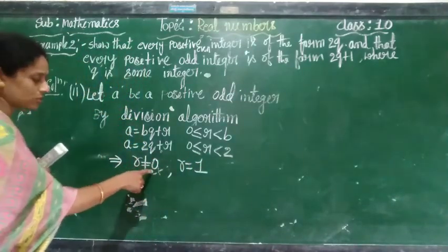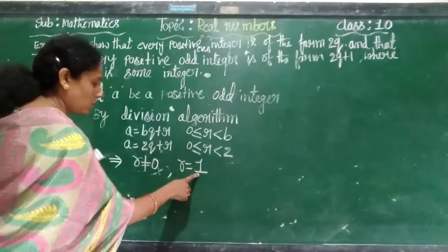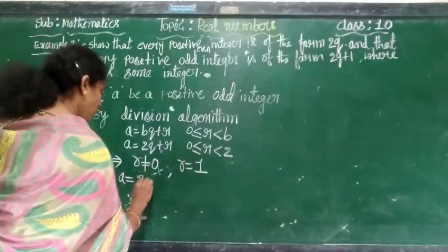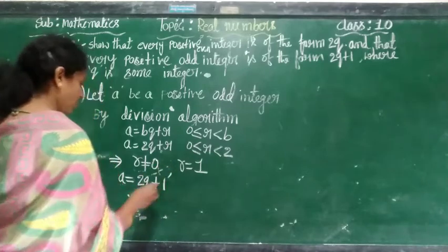r is not equal to 0, where r is equal to 1. Substituting this, a is equal to 2q plus 1.